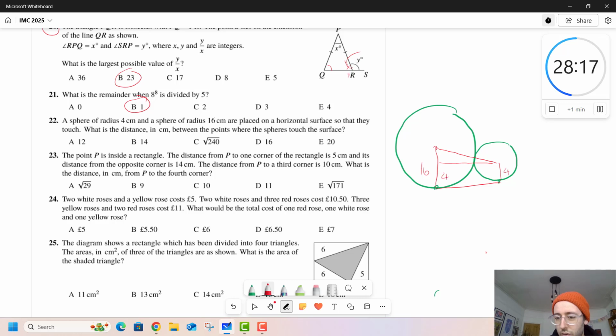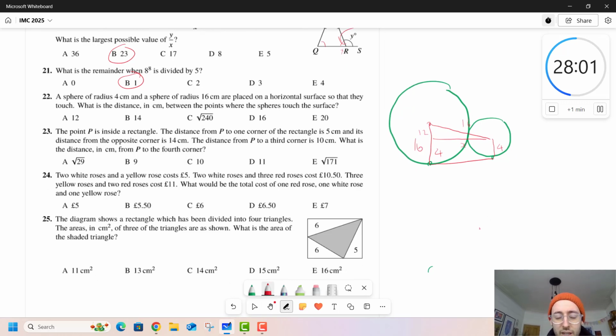So that is 4. Okay, I've drawn this so badly. That's 4. That's x. That's 12. Oh, I know what this length is as well. That's 16. Mate, it's all about the radiuses and the drawing it.